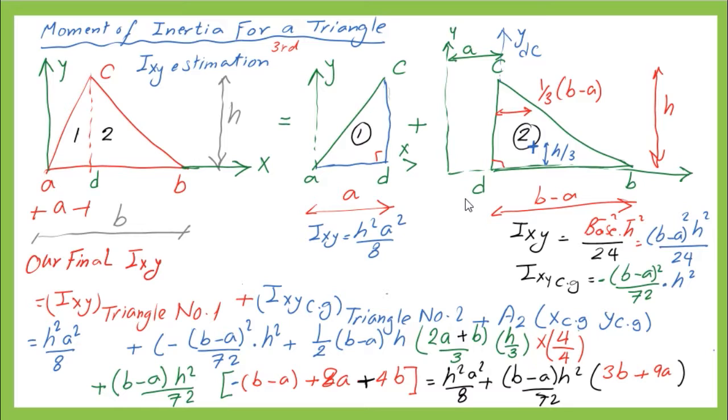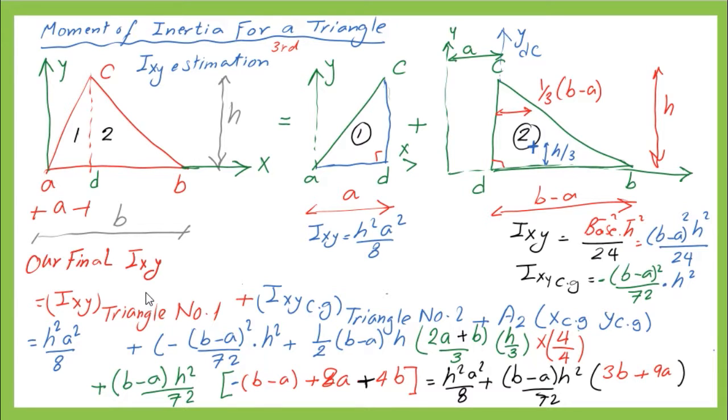In order to estimate the IXY for the axis Y, which is apart by distance equal to A, we are going to utilize the IXY of the CG. Then we are going to add the area multiplied by X bar multiplied by Y bar.